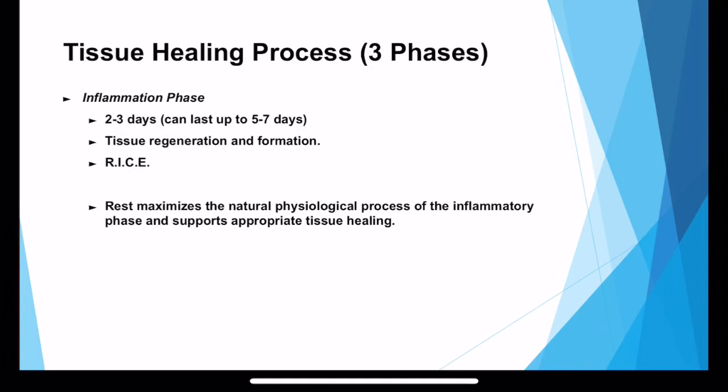And we're going to use the common acronym RICE, which is ever evolving, of course, not the acronym itself. Okay, so RICE means rest, ice, compression, and elevation. And we have to stress to our clients that rest is going to maximize the natural healing process.